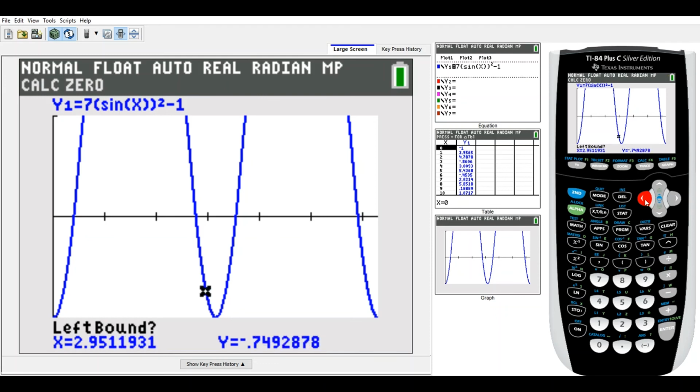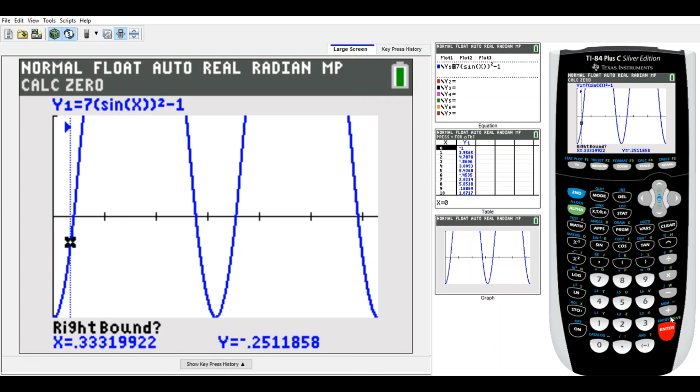Let's make it the first one. So I'm going to move this over quite a ways. There it is. So I want it to be left of the very first root here. So I'm to the left there now.